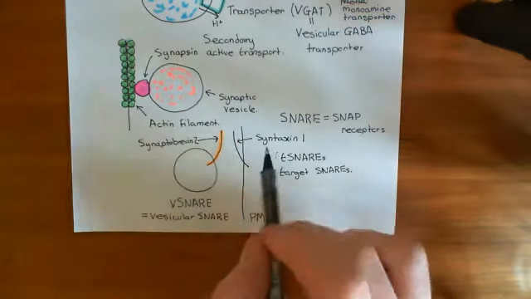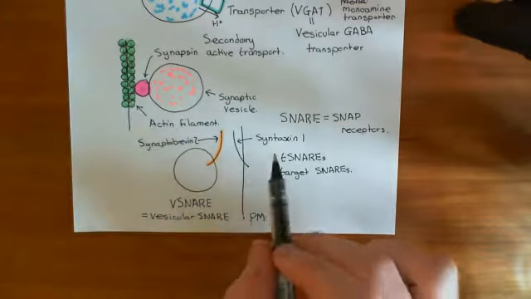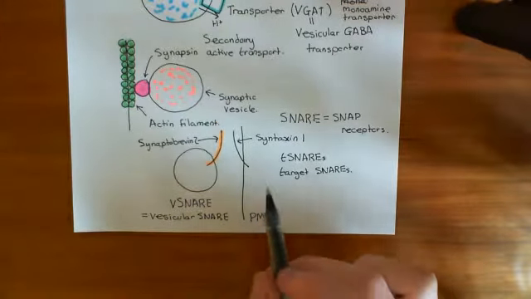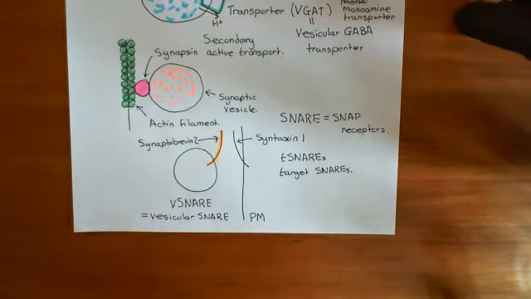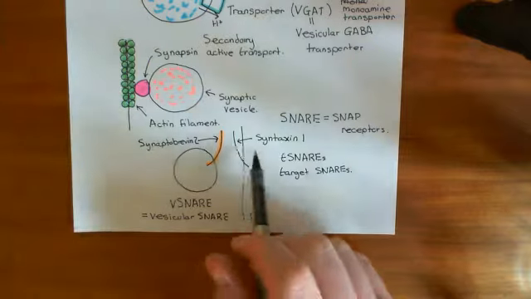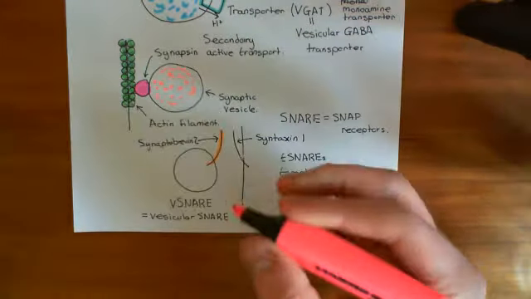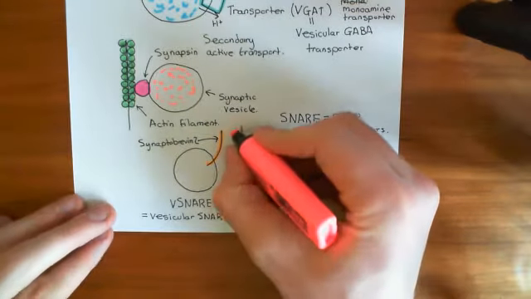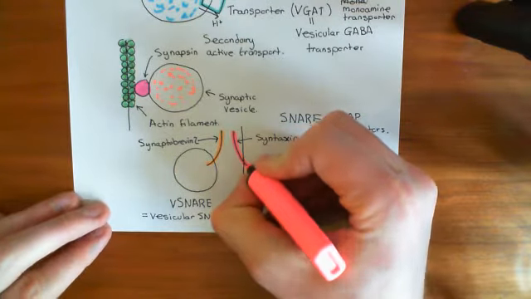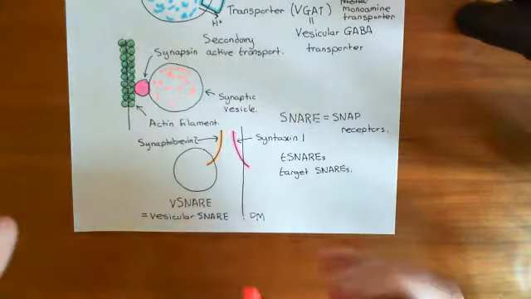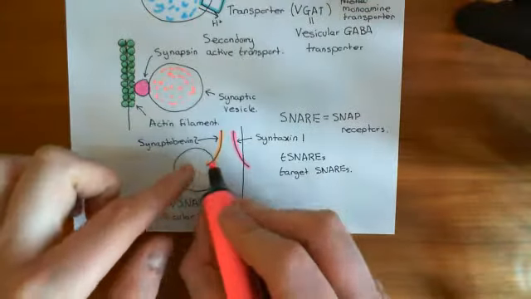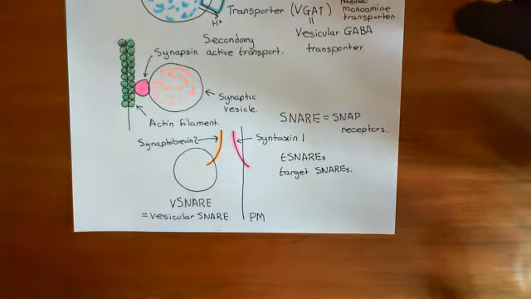The syntaxin involved in neurotransmission is syntaxin 1. As we've seen in the anterograde and retrograde transport between the ER and Golgi, there are syntaxins involved there as well, and those are different syntaxins from this one. So syntaxin 1 is this SNARE in the plasma membrane involved in forming the complex between the proteins on the vesicle and the membrane.